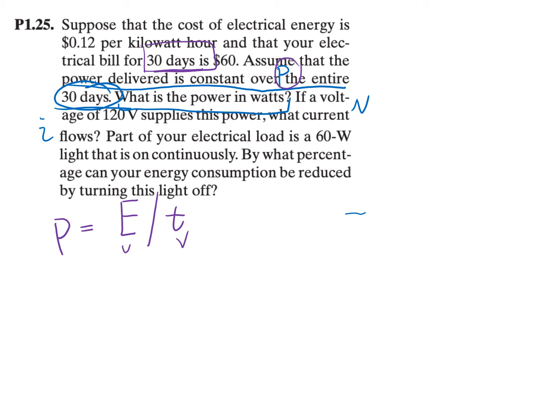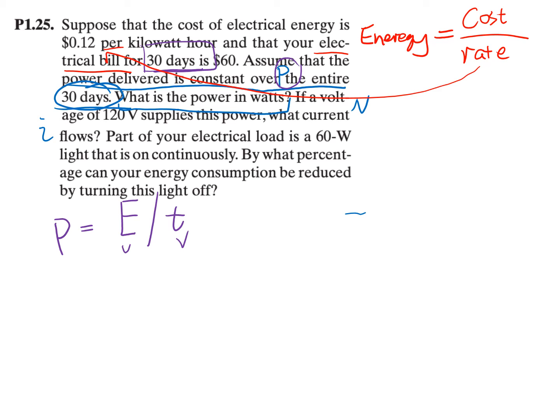Energy is equal to the cost divided by the rate. And the cost is the total cost on your electrical bill, and the rate is here. That's $0.12 per kilowatt hour.